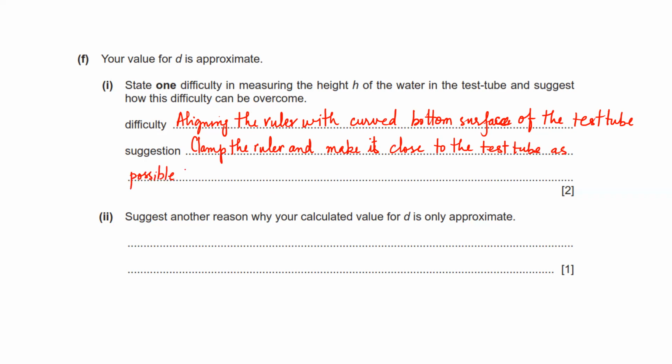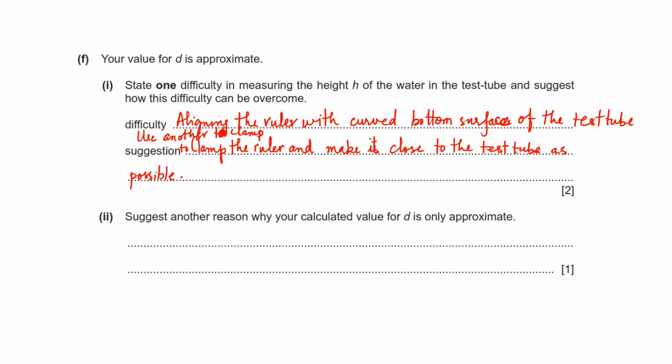So another way is to use another clamp to clamp the ruler and make it as close to the test tube as possible. Okay, this will give you a much better, more aligned, more accurate measurement.